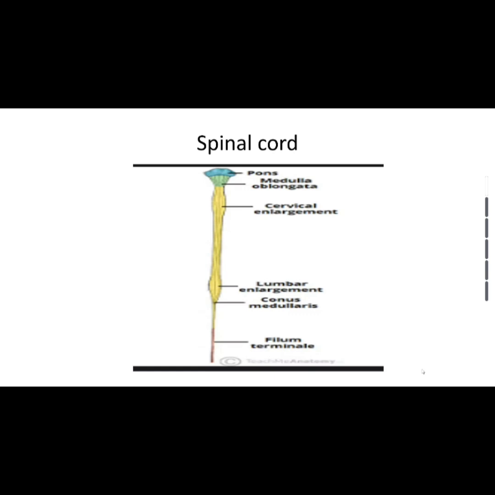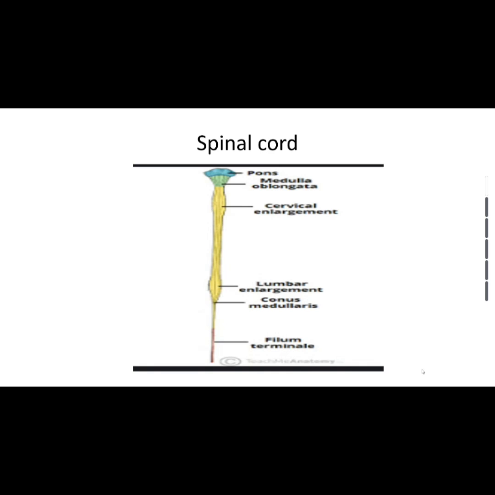So cauda equina is a vertical leash of nerves around the filum terminale. Equina refers to the horse, and cauda is the tail, so it looks like the tail of a horse. You are basically seeing those nerves because the spinal cord has ended. The lower nerve roots go together from the lumbar region.